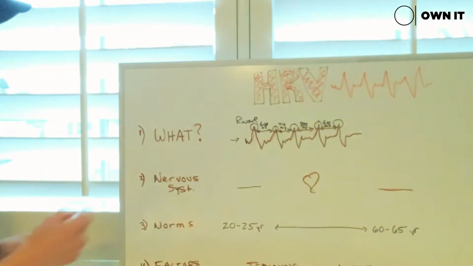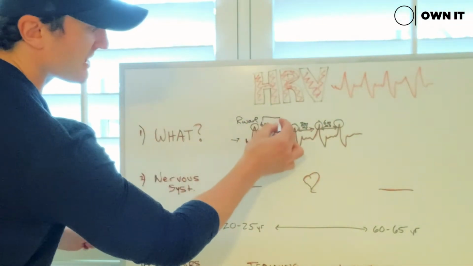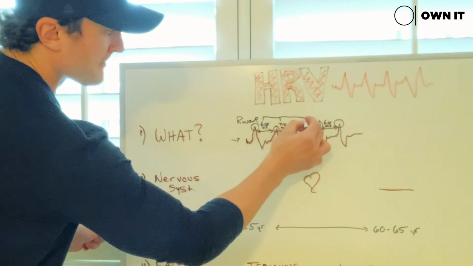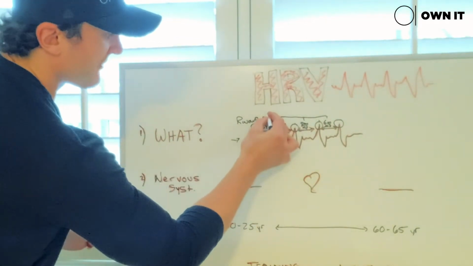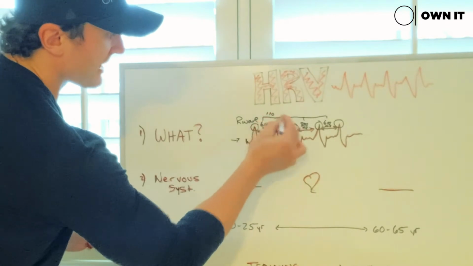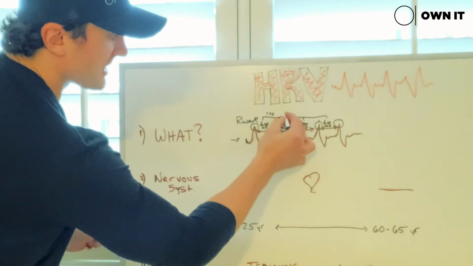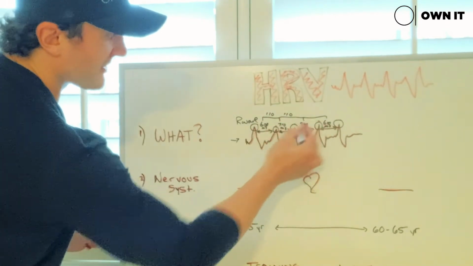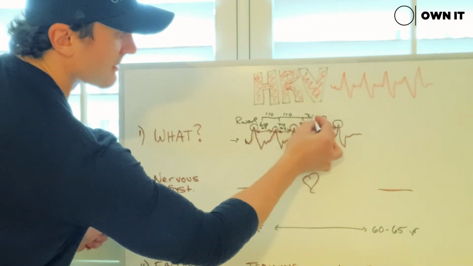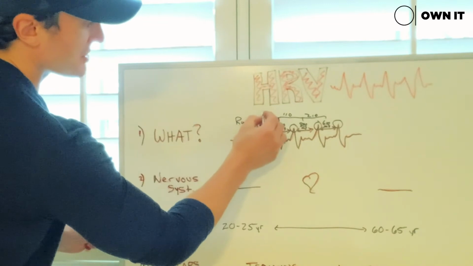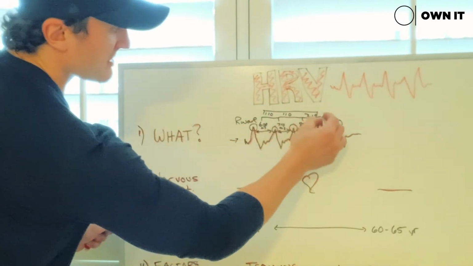To create HRV, we look at the difference between each one of these. Right in here, the difference is 110 milliseconds. The difference here is 110 milliseconds. The difference here is actually 210 milliseconds. So now we would average this.